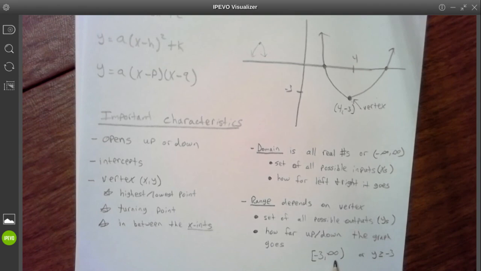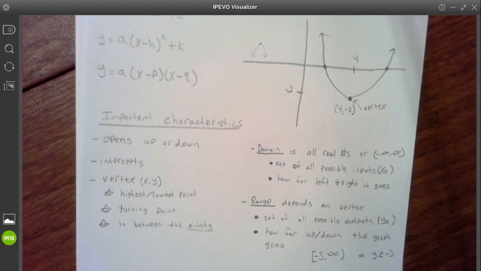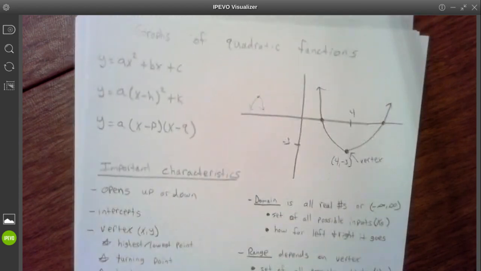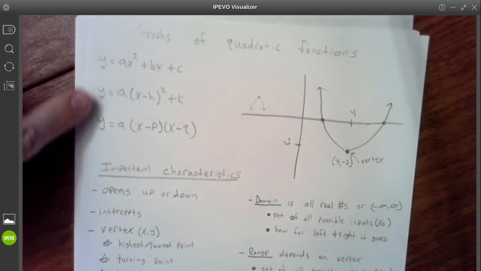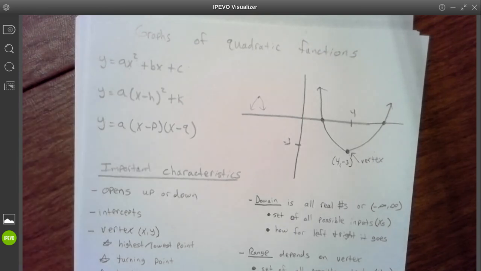But I'm not including infinity because you can't actually get there. It's not an actual number that you can reach. But yeah, those are the 5 main characteristics that you'll want to pay attention to when we talk about these quadratic functions. We'll go over how to find them given the different forms.